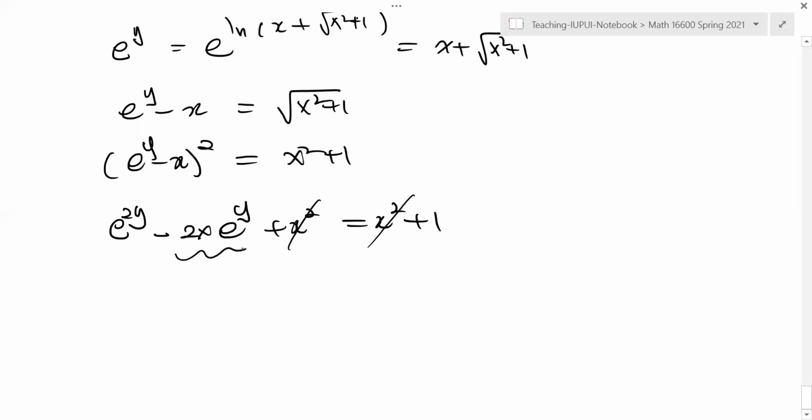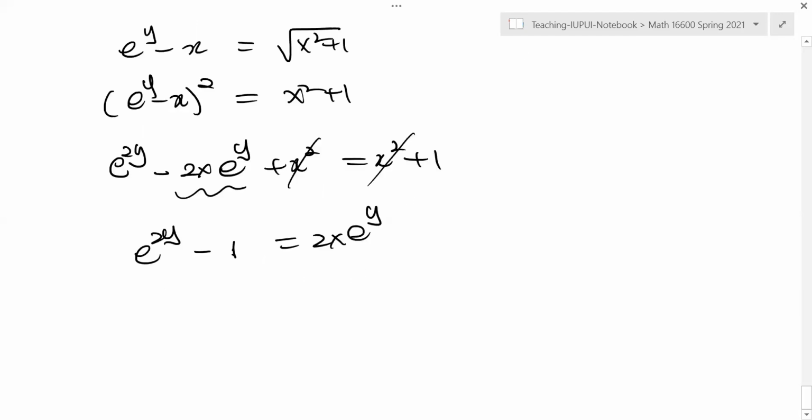Only this term has x. I move it to the right-hand side, and move the 1 to the left-hand side. Finally, I solve for x. x is going to be (e to the 2y minus 1) over 2e to the y.